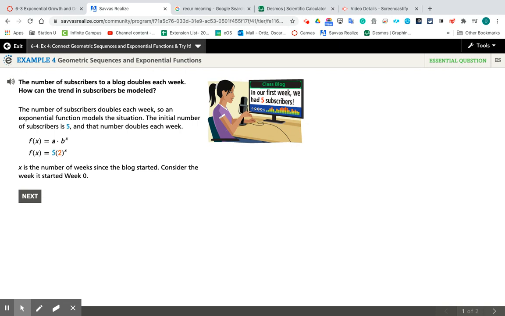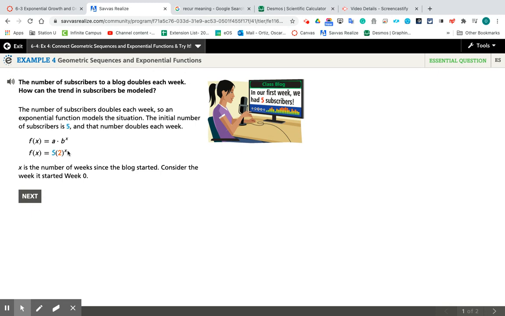So you're thinking of a sequence 5, 10, 20, 40, and so on. We can do this here, and x is the number of weeks since the blog started. Week 0 means when there is no time passed, so it's just at the beginning.